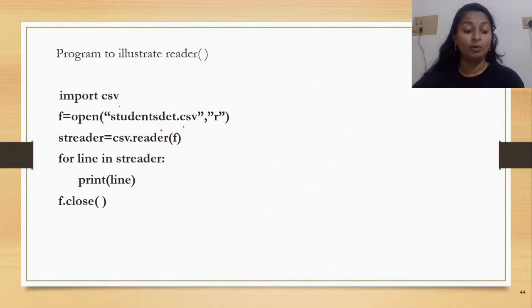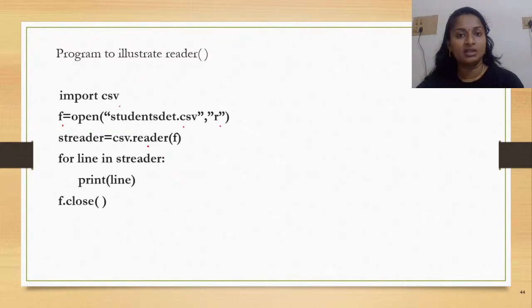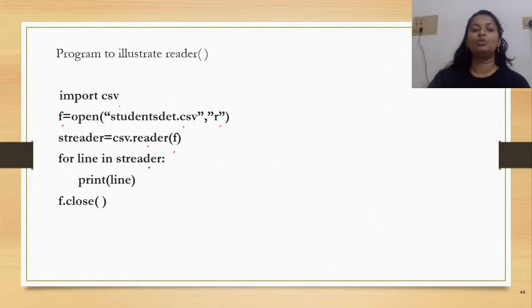One more reason why I have used the same file here is because in my previous slide I have created it, and I have some contents already written onto the file. This is the reason why I have opened the same file in the read mode, and see, your file handle is F. Now you are invoking the reader function by passing the argument as your file object, and stReader is your reader object. So for line in stReader, you would print out each line by line.